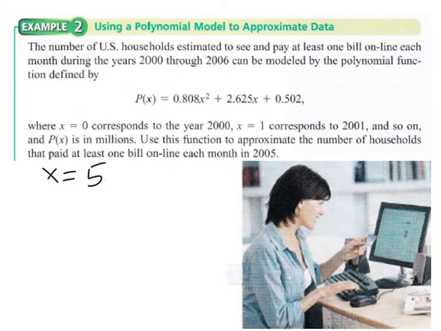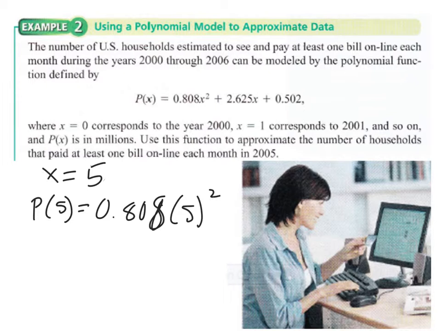And so we replace the x in our function with a 5. So we're finding p of 5. That would be the point 808 times 5 squared plus 2.625 times 5 plus 0.502.